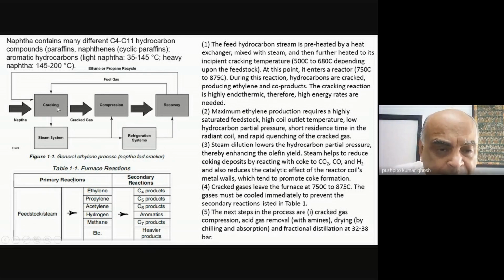Now, what happens is that once I have cracked, let's say I've cracked naphtha and I've made ethylene. Obviously, ethylene itself is also quite reactive. So it can easily polymerize and I can get all kinds of unwanted products from there. I don't want those. And so you can get C4, C5, C6.